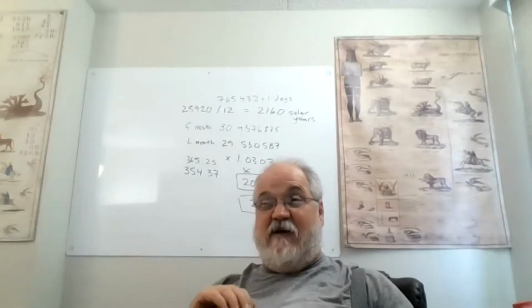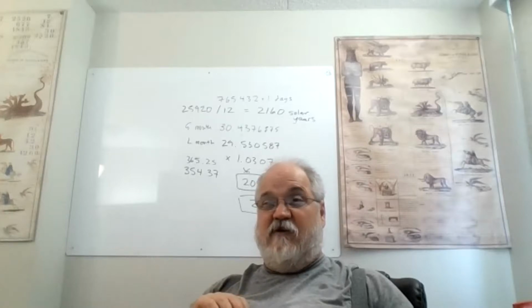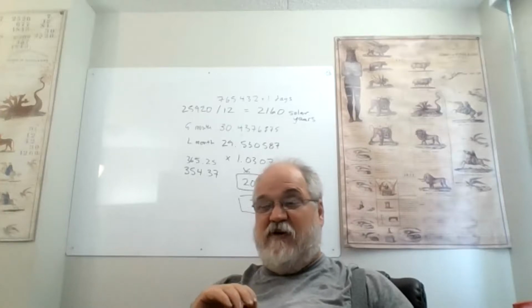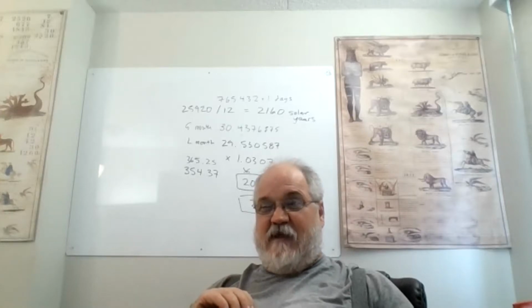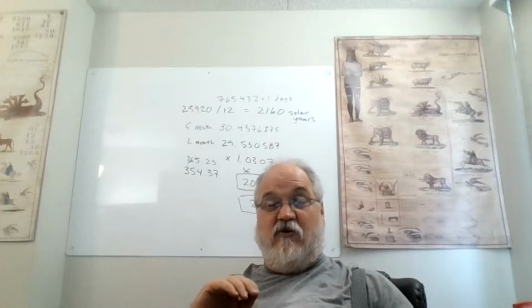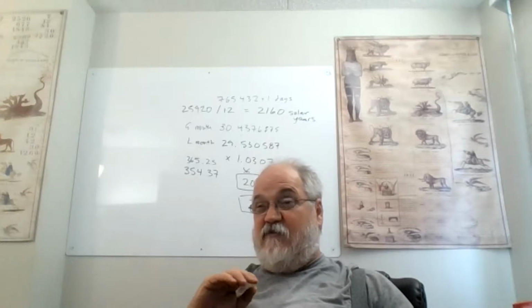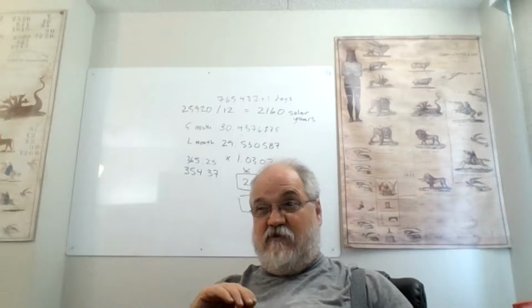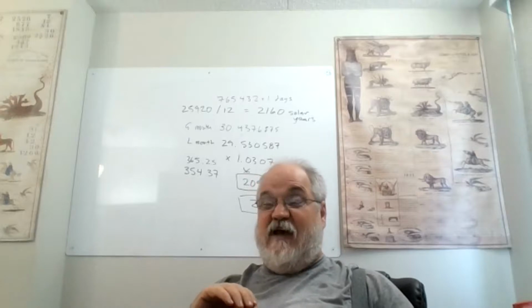That is, you would have to change the orbit of the Earth, not just in a minor way, but in a drastic way. And the flood could have changed the revolution of the Earth. That's possible, but it could not have changed the orbit of the Earth in that way.